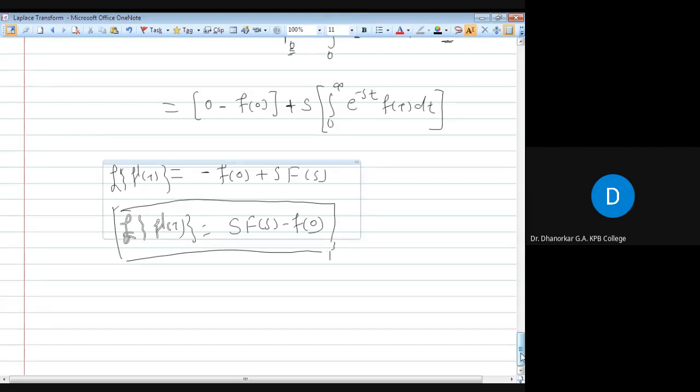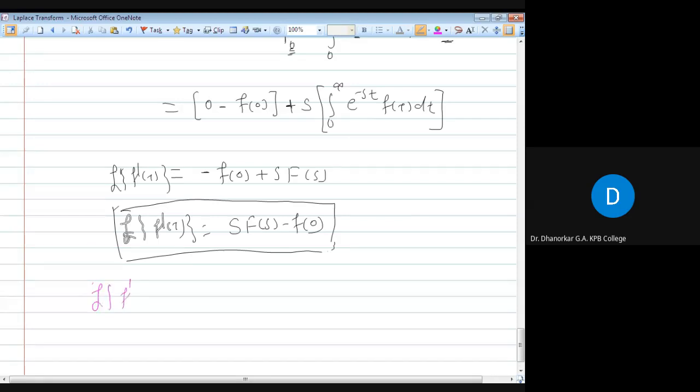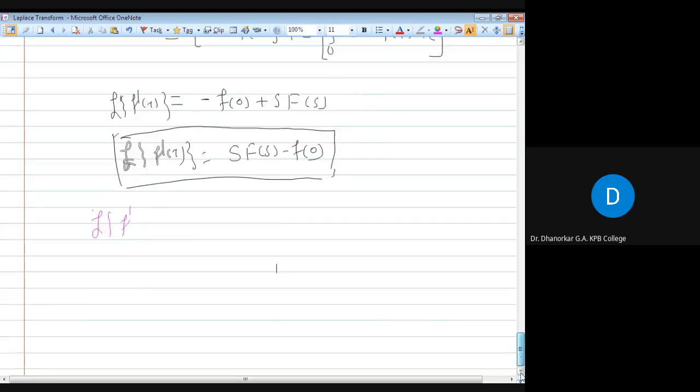And here again we will discuss one more property. This is the generalization of this, and you can prove that generalization. You can write it as the Laplace transform of f double dash of t. What will happen?